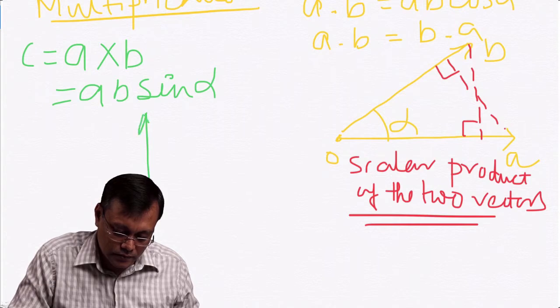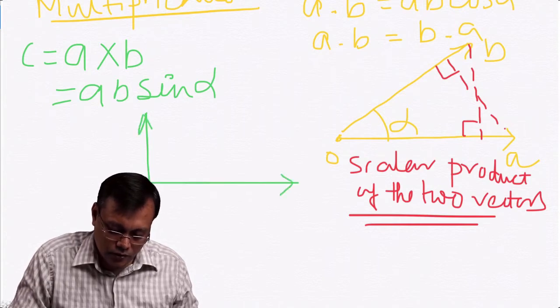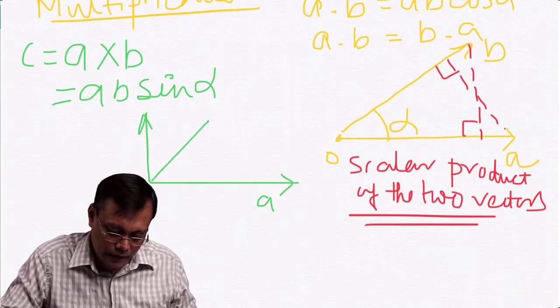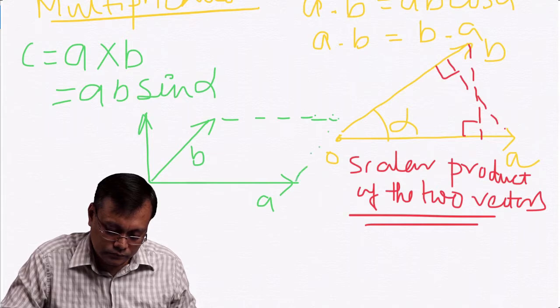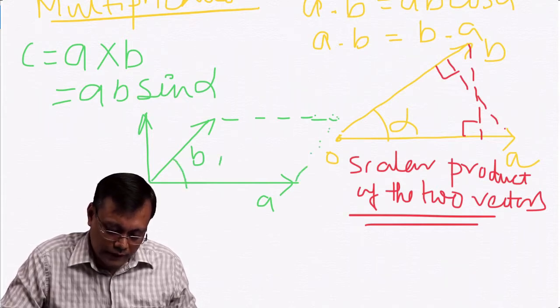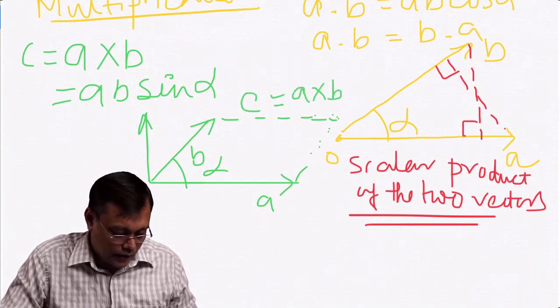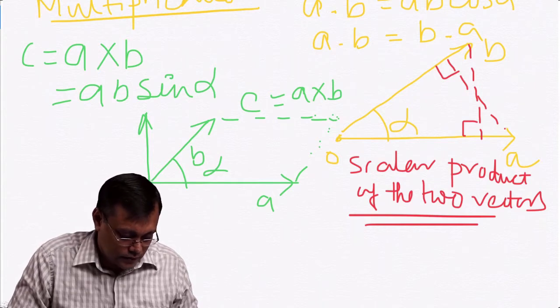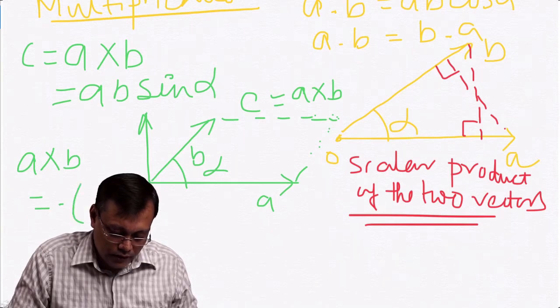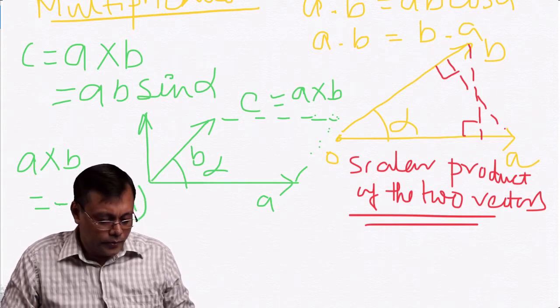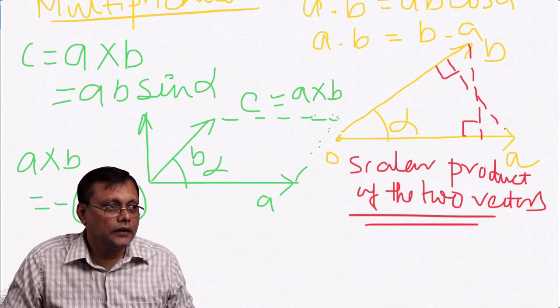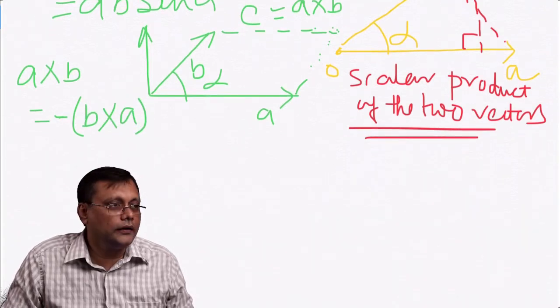Similarly, if I draw the A vector and the B vector, this is vector B, and the angle is alpha, so C is equal to A cross B. Here A cross B is related with a negative sign to B cross A. And I hope this understanding is well known to all of you.